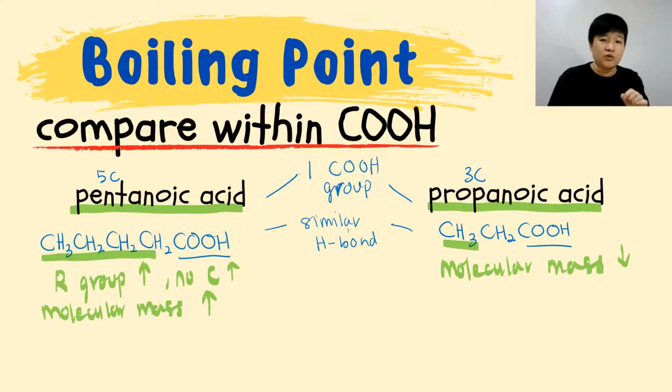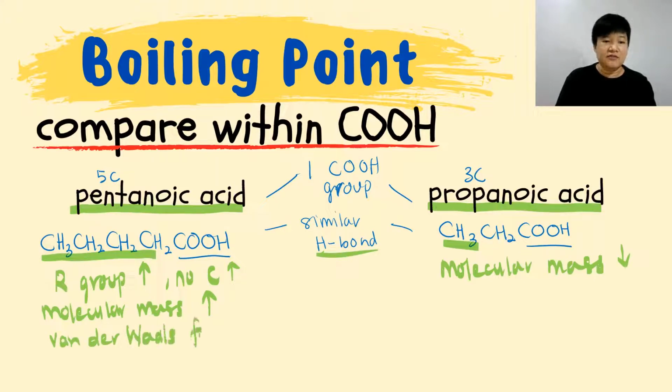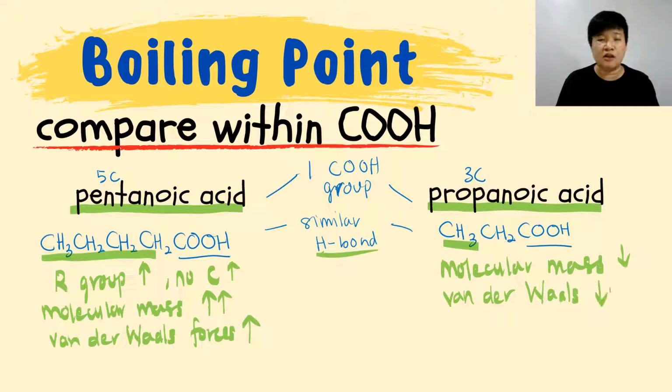And since we are not going to talk about hydrogen bond, both of them therefore will discuss about van der Waals forces. And we know that van der Waals forces is highly affected by molecular mass. When the molecular mass over here increases, van der Waals forces automatically increases. Vice versa, van der Waals over here will be weaker because my molecular mass is lower.